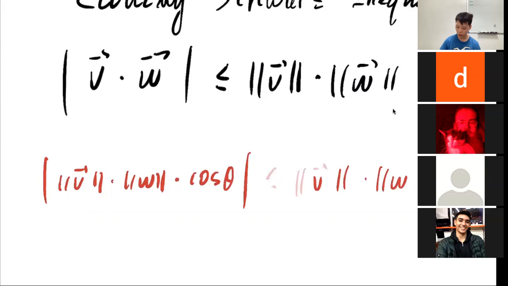Well, let's compare this. Because these two lengths are always greater than or equal to 0, the lengths are always non-negative numbers, you can pull this number out of the absolute value with no penalties, because it's always non-negative.